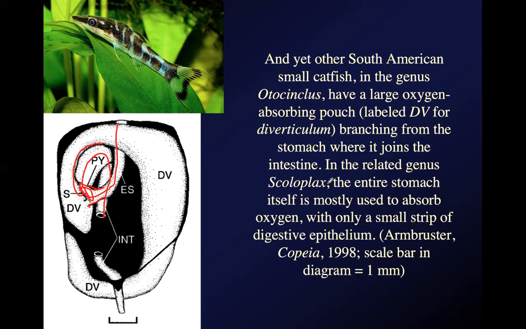In a related fish called Scoloplax, the stomach itself is mostly used to absorb oxygen. There's a tiny strip that still secretes digestive enzymes, but most of what the stomach is doing is absorbing oxygen. So you're taking an existing structure and using it to do something completely different.